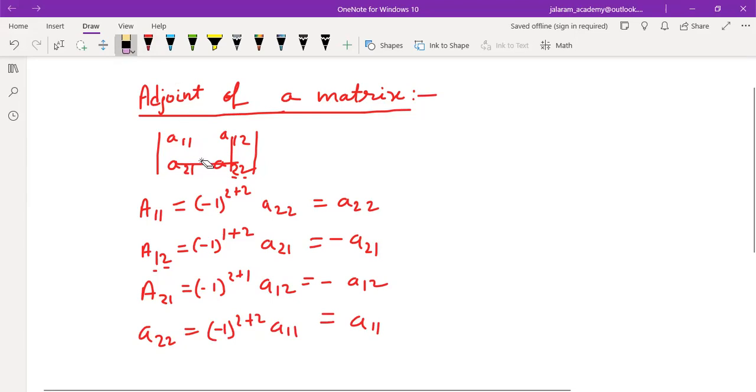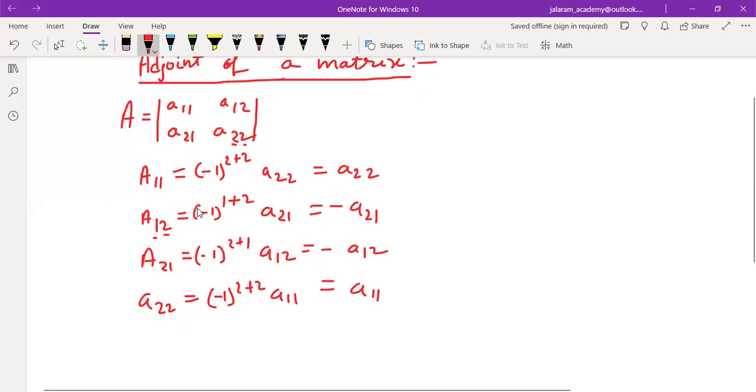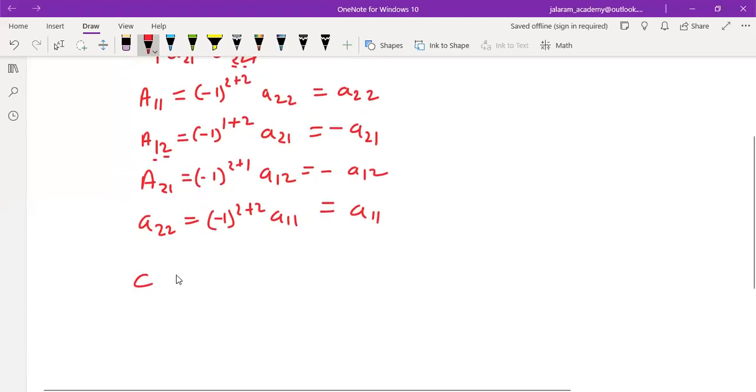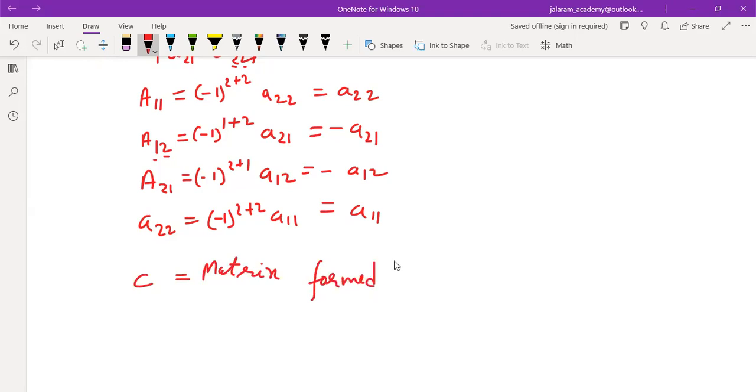So if we denote this matrix by A, first we find a matrix C, which is the matrix formed by cofactors of A. We have assumed it to be C. Otherwise, C doesn't have any other significance.